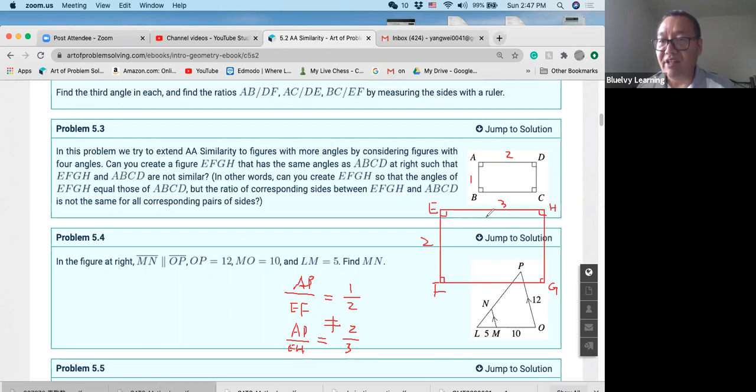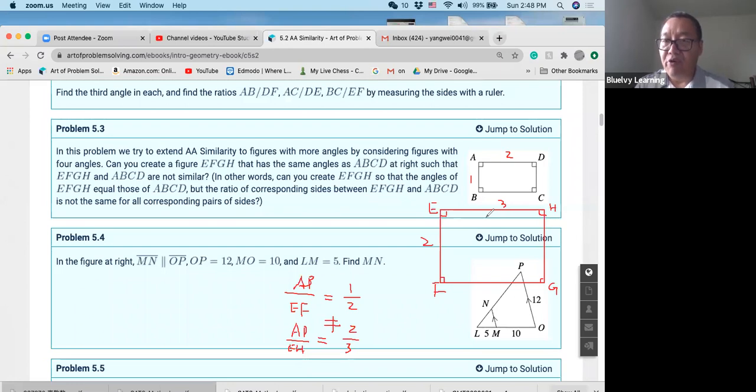The reason is this one is a rectangle. I told you before that's a triangle. For triangles, if two corresponding angles are congruent, we can guarantee these two triangles are similar, okay, not congruent.